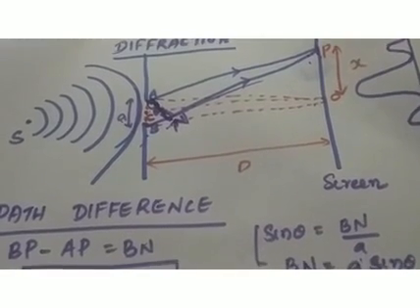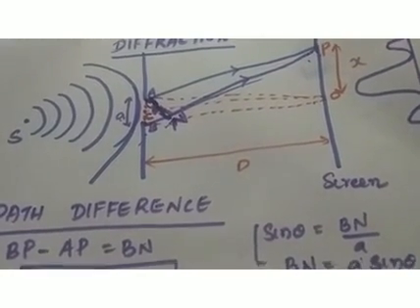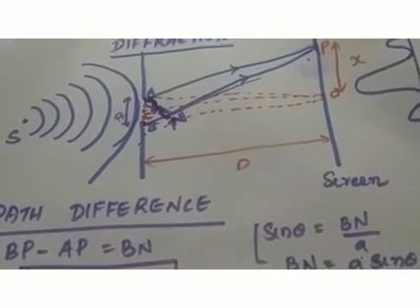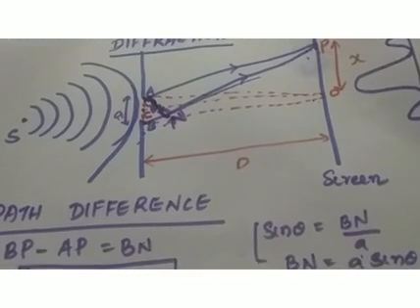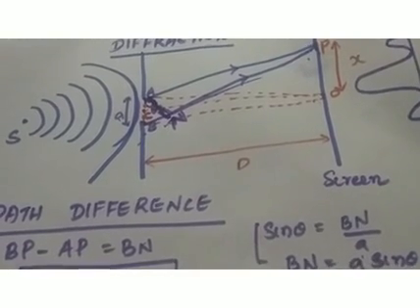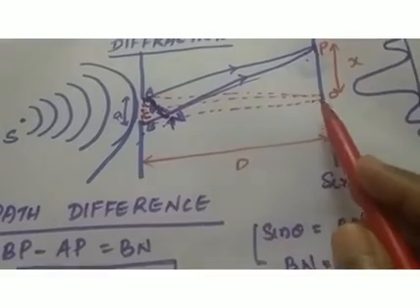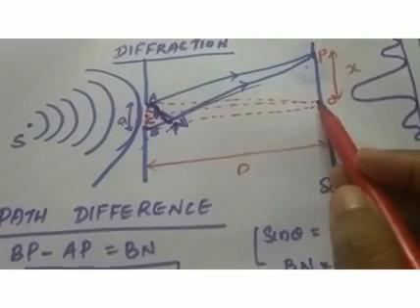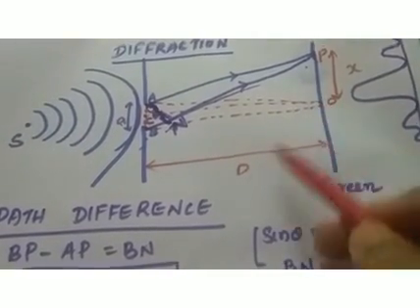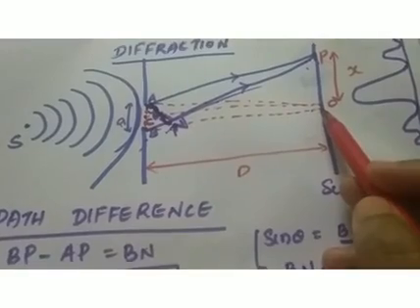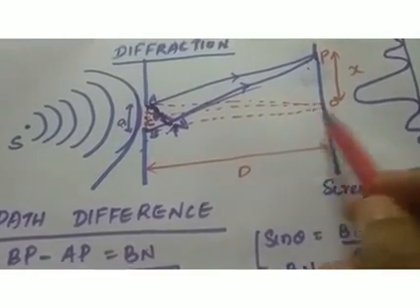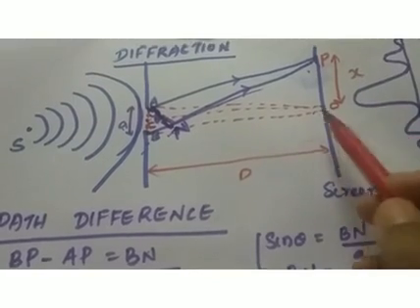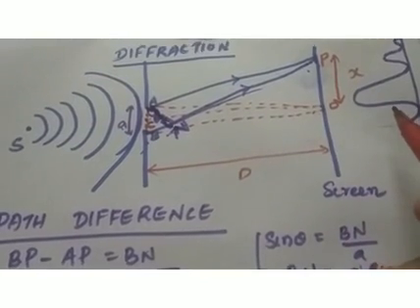And whenever path difference is 0, it means there is no difference in their paths. Both the waves coming from the points A and B travel equal distance in order to reach the point O. So there is no path difference between the waves reaching the point O. So path difference is 0, and whenever path difference is 0, the fringe obtained at this point will be a bright fringe, very bright fringe in fact.